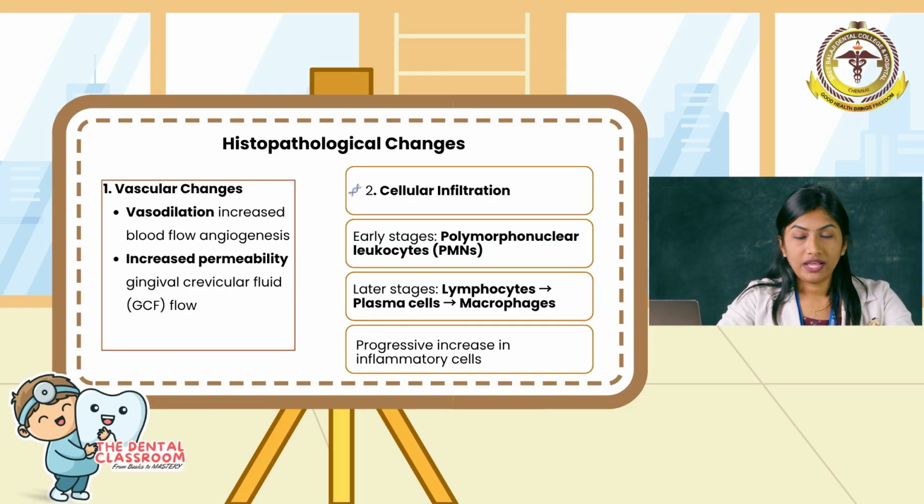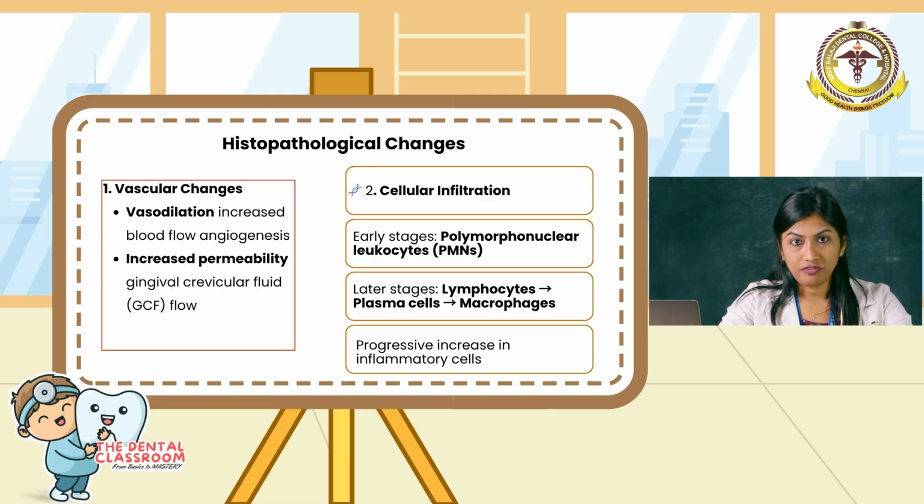So how can you correlate the clinical and histological features? Histologically, we have underlying vascular changes, cellular changes and epithelial changes. In vascular changes, we have vasodilation and increased vascular permeability, and these changes recruit the inflammatory cells to the target site.